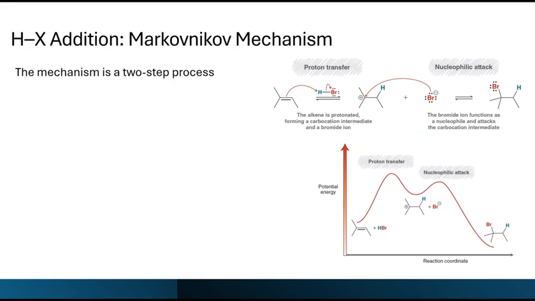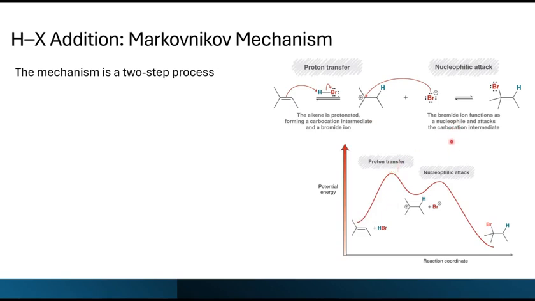HX addition, Markovnikov mechanism. The mechanism is a two-step process. The alkene first must be protonated, forming a carbocation intermediate and a bromide ion. That is done by the pi electrons extracting the H+ that will result in that carbocation. This is the rate-determining step. The proton transfer requires the most energy of activation.